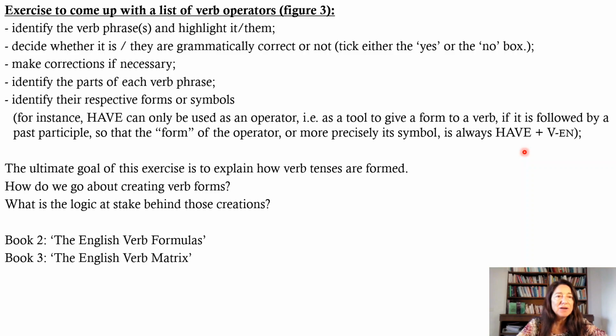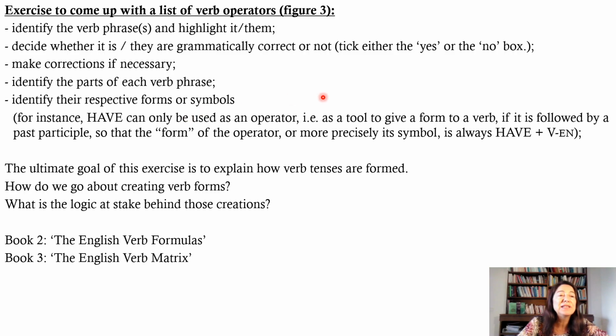So actually what I'm going to suggest is that we do an exercise that you can find in the book actually. And that exercise is designed for us to come up with a list of verb operators. So it goes like this.